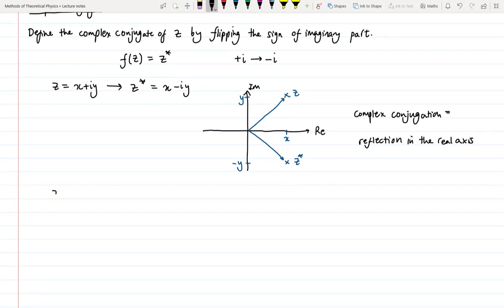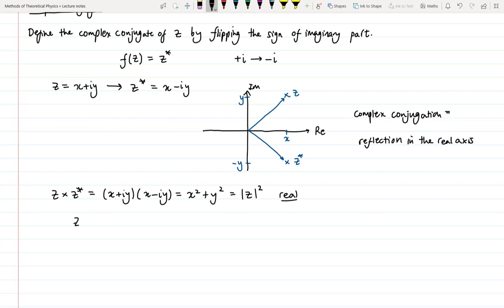Let's see what happens if we multiply z by its complex conjugate. We have x plus iy times x minus iy. If we multiply this out, the cross terms cancel, and we end up with x squared plus y squared, which we know from earlier is the modulus squared of our complex number, which is real. We can also think about this in modulus argument form.